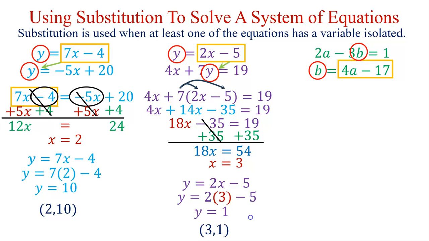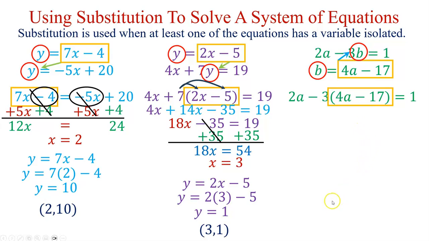So because I'm going to substitute into this first equation, I'll first show there's the first equation. So in place of this b, we'll be putting the box, 4a minus 17.